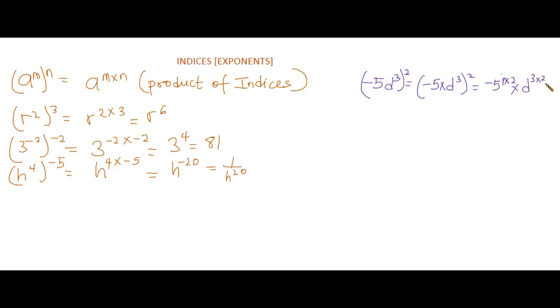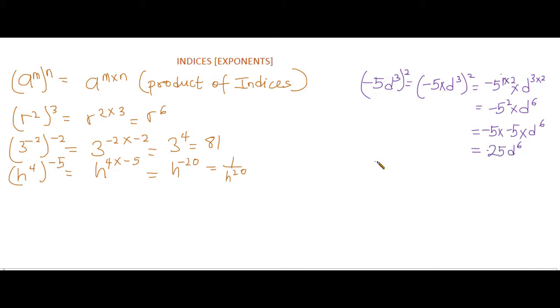Our final answer will be minus 5 raised to power of 2 multiplied by d raised to power of 6, and minus 5 raised to power of 2 will be minus 5 multiplied by minus 5 times d raised to power of 6, and minus times minus is plus, that will be 25 d raised to power of 6.